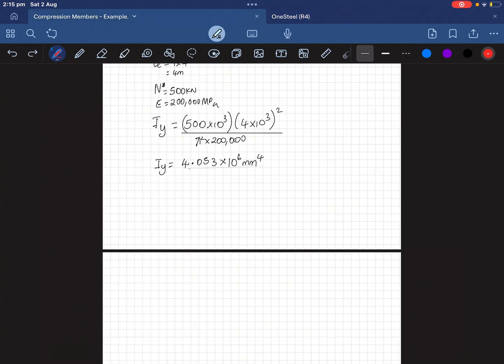All right, therefore adopt 150 UC30, right? Because this has the next closest moment of inertia up.